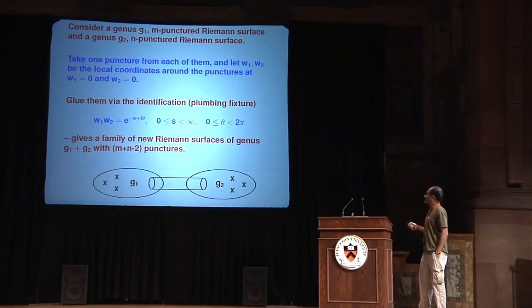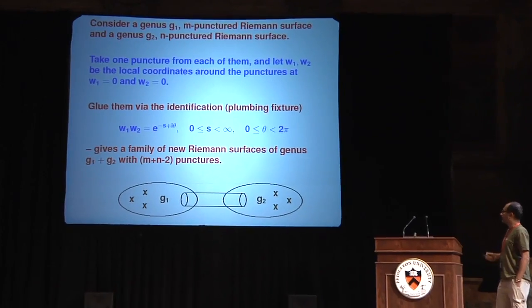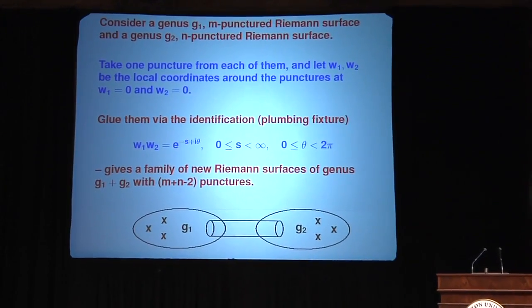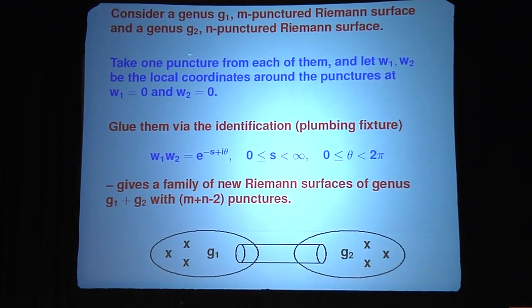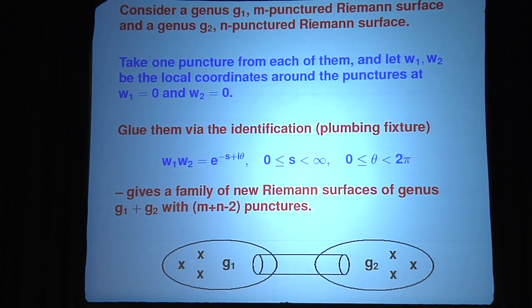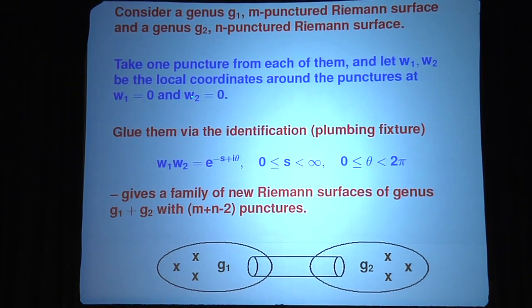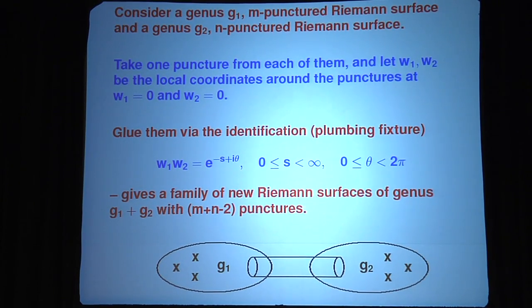So, let us suppose we have a genus g1, m punctured Riemann surface and a genus g2, n punctured Riemann surface. Then we know that we can take one puncture from each of these and let w1 and w2 be the local coordinate systems around these punctures, with the punctures situated at w1 equal to 0 and w2 equal to 0.